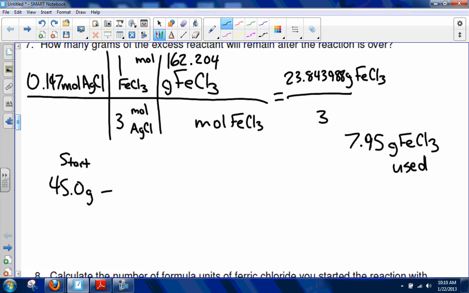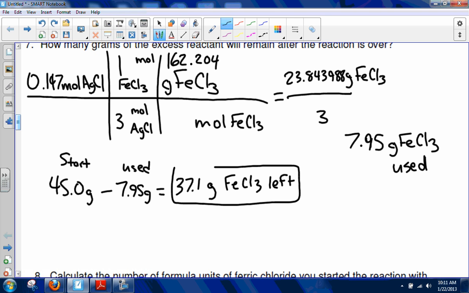I have to subtract how much I used, which was 7.95 grams. I get what? 37.1 grams of FeCl3 left. Okay?